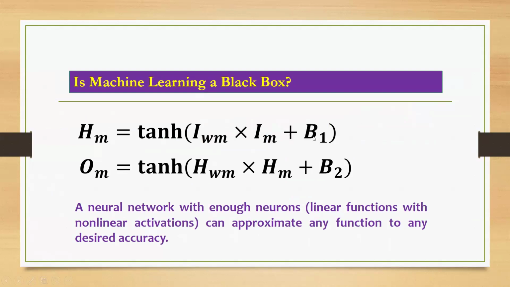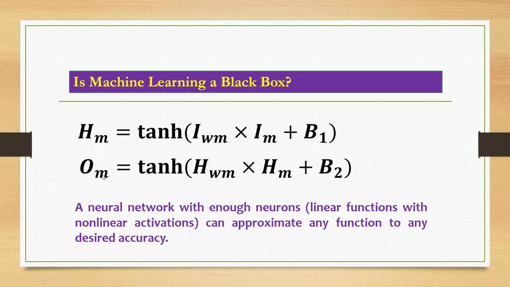And this tanh is the activation function I spoke about. The tanh is a nonlinear function that acts on this linear function, thereby helping the system to learn whatever non-linearity will be associated with the system. The second equation is basically the same, except that now we are getting the output.